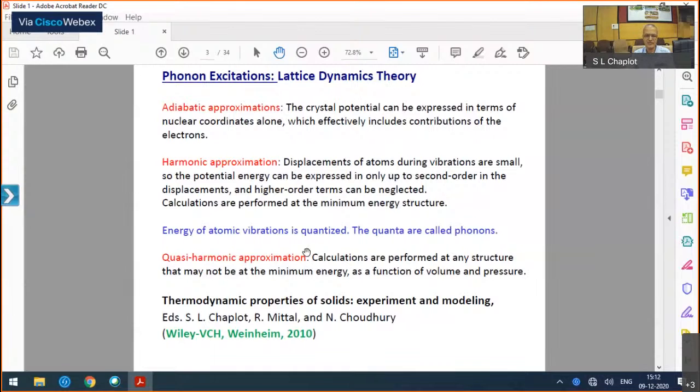the harmonic approximation. However, if you wish to calculate it at a different volume or different pressure, which means we may have some external pressure on the system, on the crystal, a finite pressure, not necessarily zero, and correspondingly the volume will be different, or even if it's not a cubic material, then the lattice constants A, B, C, alpha, beta, gamma can be different from the minimum energy structure in such a way that it corresponds to certain pressure, positive or negative.